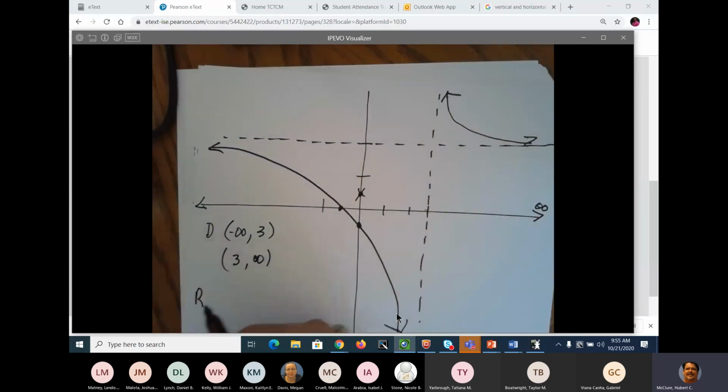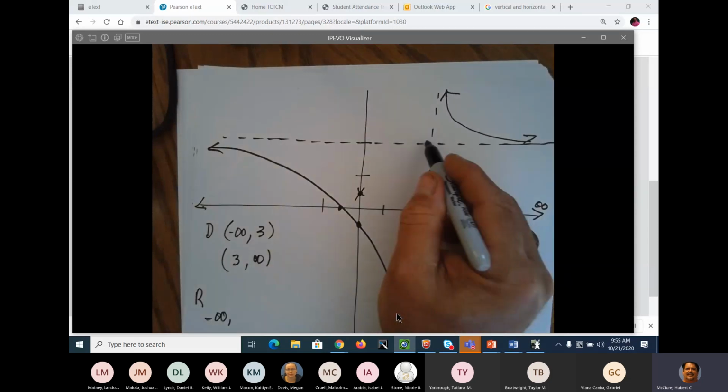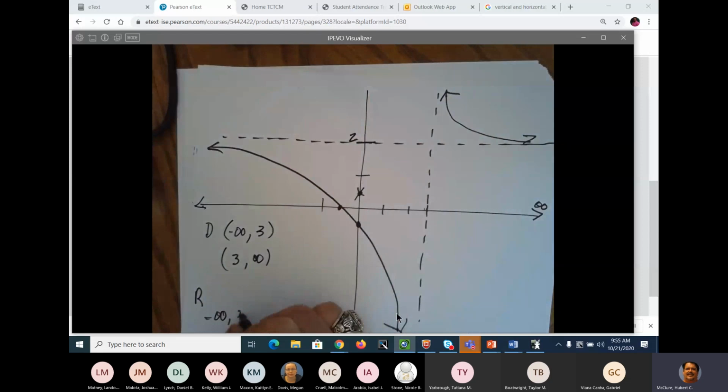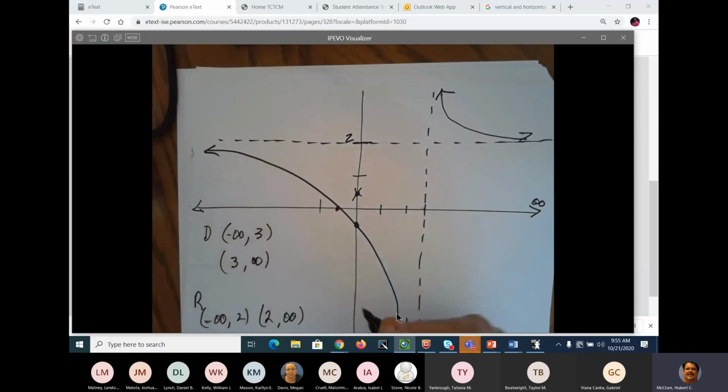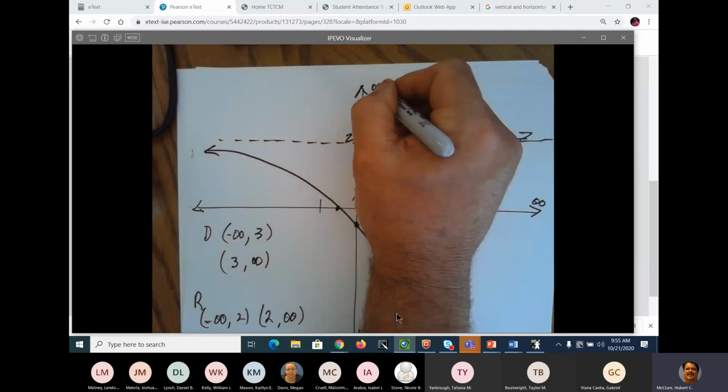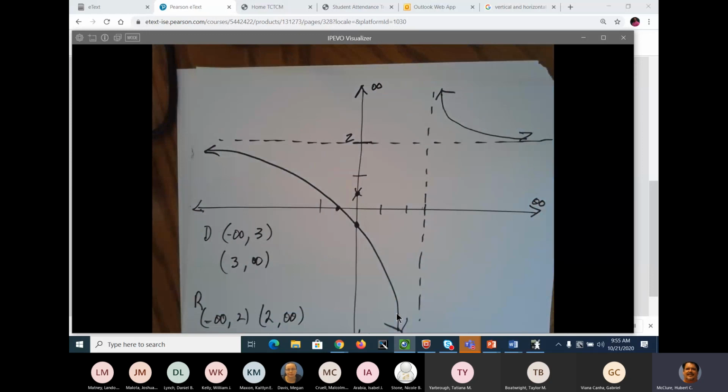Range, -infinity to 2, and then from 2 to infinity. Any questions? As you can see, it's not very difficult if you use the calculator with what you've learned in the past 2 or 3 units.